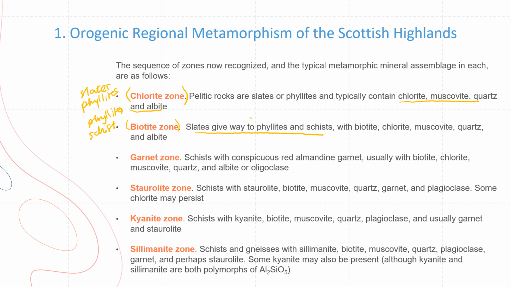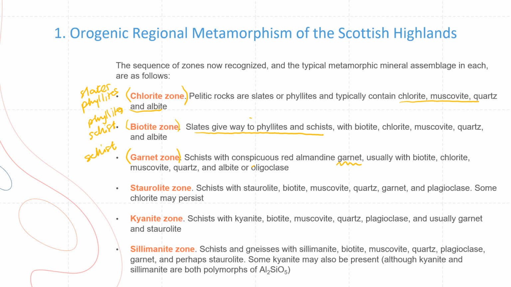And we go further down, we have the garnet zone, where we have schists with red almandine garnet and the following minerals. So the index mineral here is garnet. So it's schist with garnet.